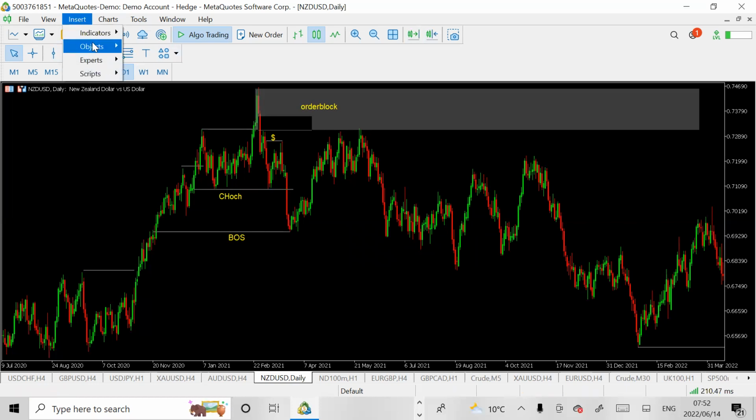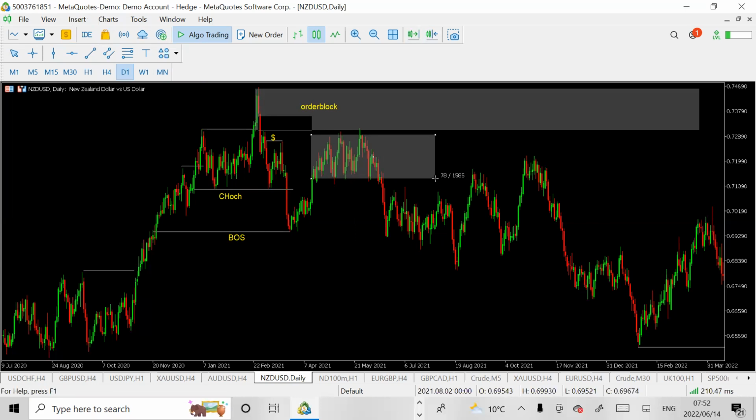Though we saw a lot of consolidation here, some kind of consolidation, here it was actually some kind of distribution phase. We shall also talk about the market phases.